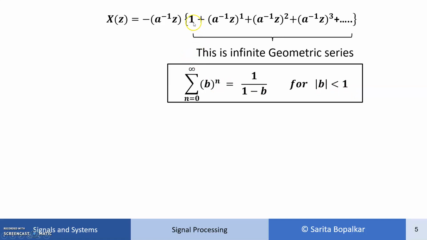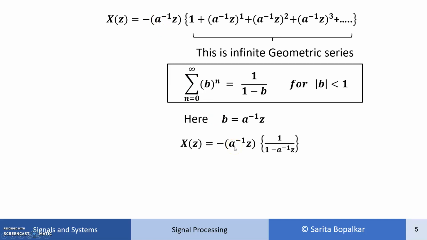So here we got b raised to 0 means 1. Then b raised to 1, b raised to 2, b raised to 3, like this up to infinity. So here b is a raised to minus 1 z. So this series is nothing but 1 upon 1 minus b, where b is a raised to minus 1 z, and this term as it is.